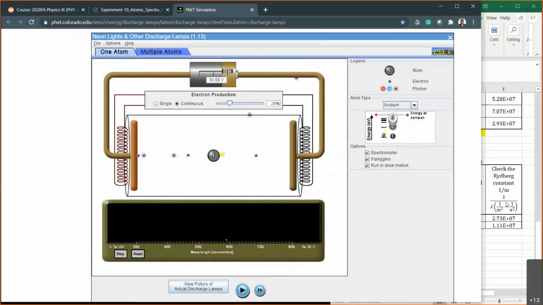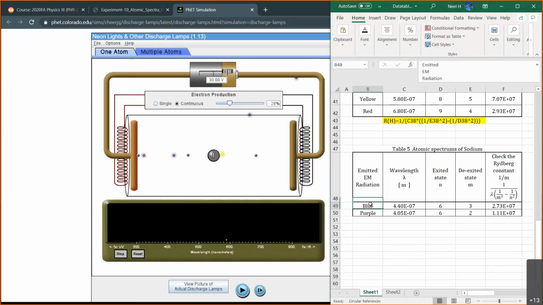That is easy. Okay, so let's put here yellow. Wavelength is about 590. 590, it goes from 2 to 1. You can see it's completely different.